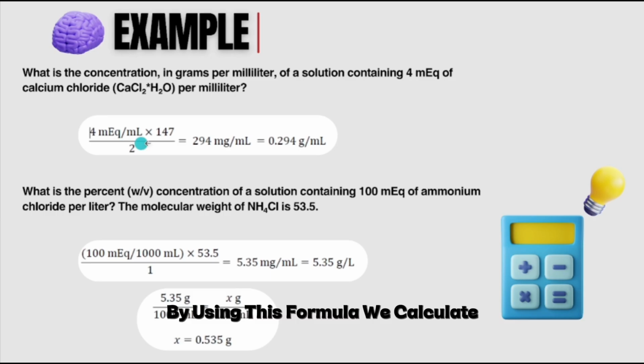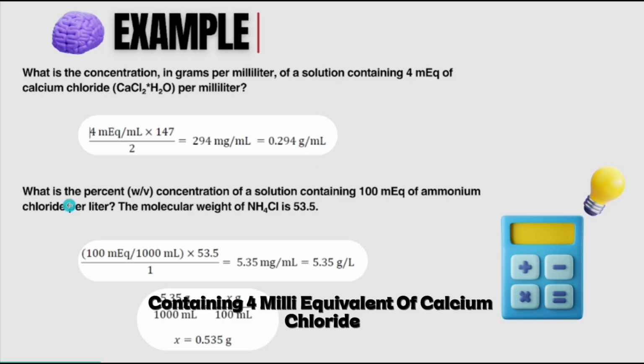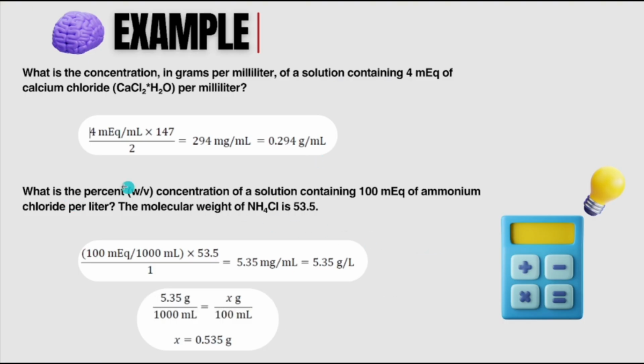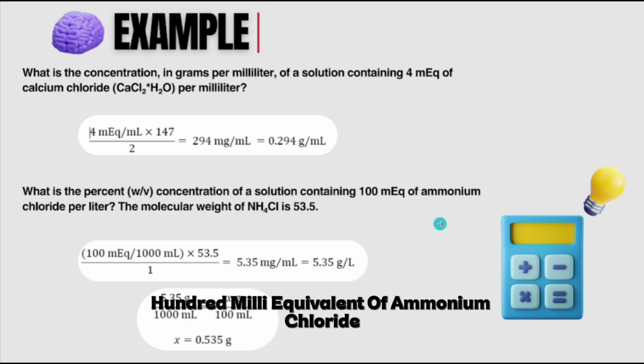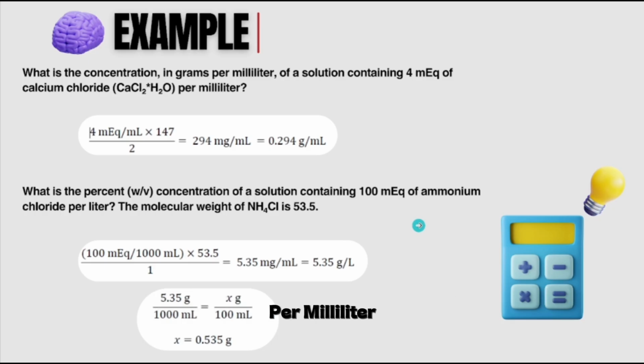By using this formula, we calculate how much gram per ml is given. 0.294 gram per ml is the amount of calcium chloride that is present in the solution containing 4 milliequivalent of calcium chloride.